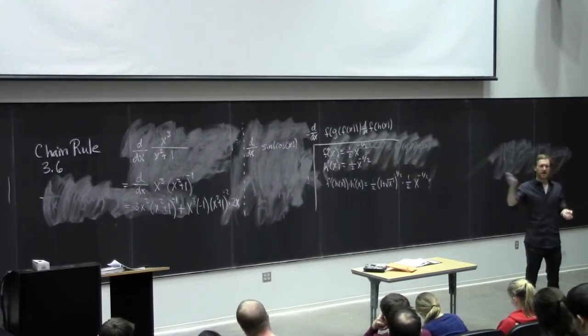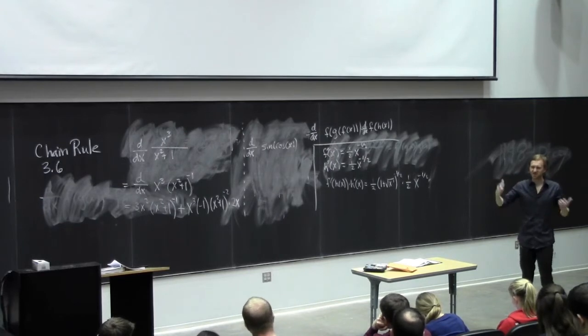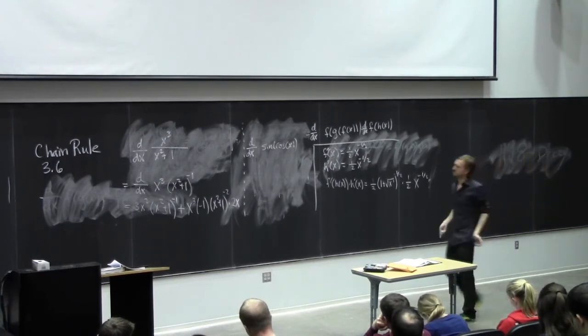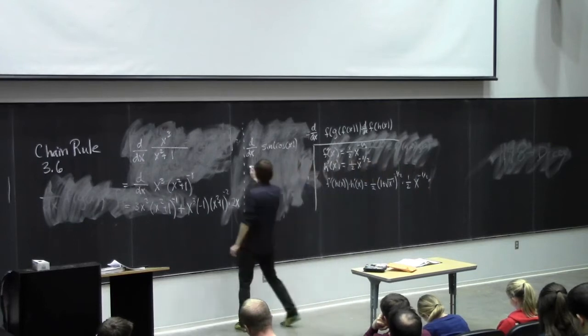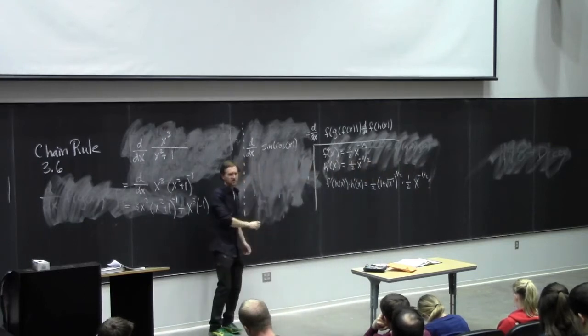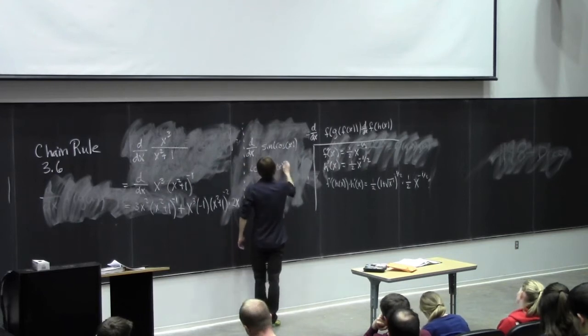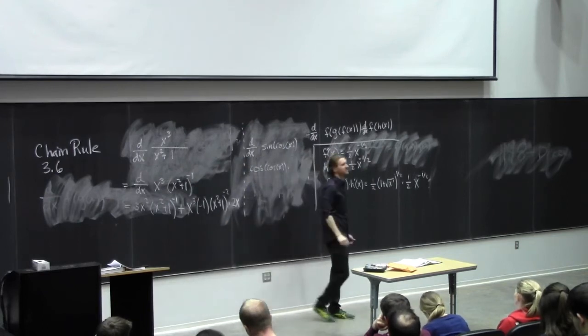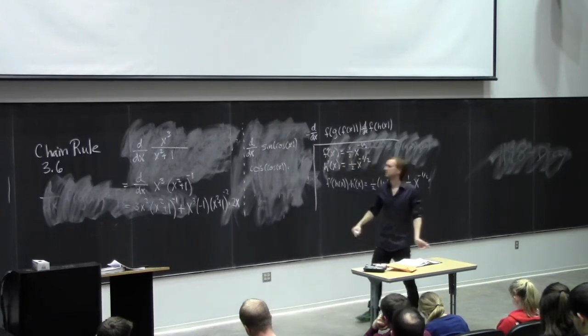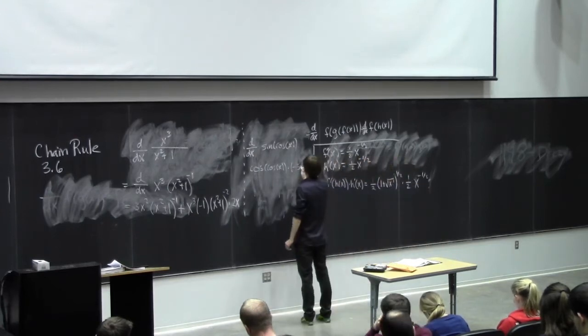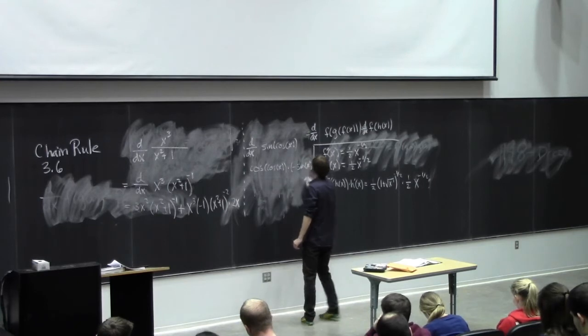It's pretty obvious what f is, right? It's sine of x. And g is cosine of x. And so by the chain rule, this is going to be derivative of sine is cosine of x times the derivative of cosine is negative sine. So minus sine of x.